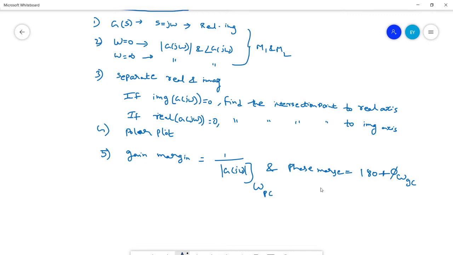Right? So these are the things you need to keep in mind while plotting the polar plot.